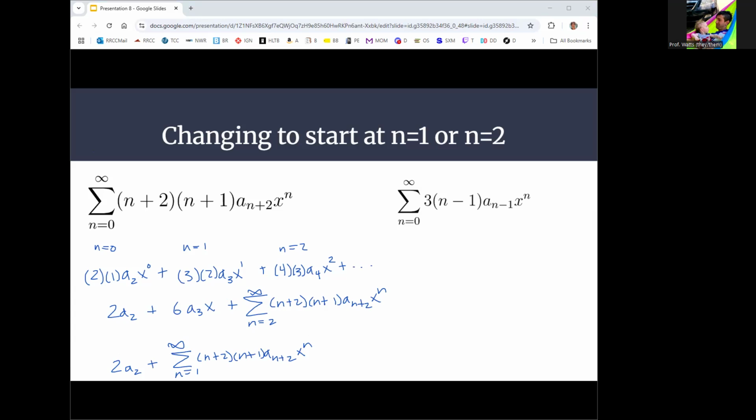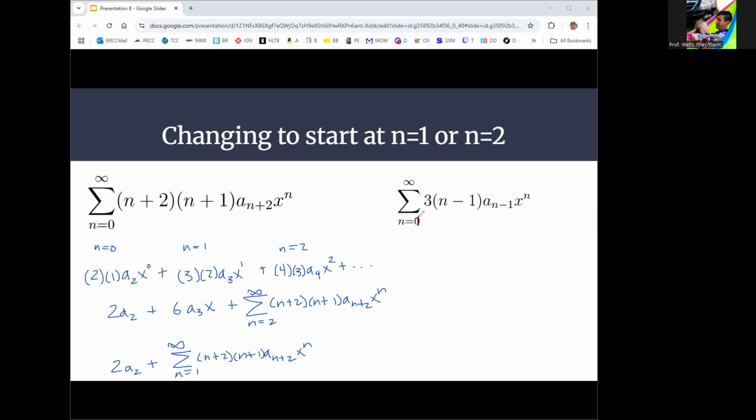All right, let's try it with the other example. Again, we'll expand it. So when n equals 0, I get 3 times -1 a -1 x to the 0. Okay, I think this is a typo. We saw this before. I can't have that one start at 0. So that was just a mistake.